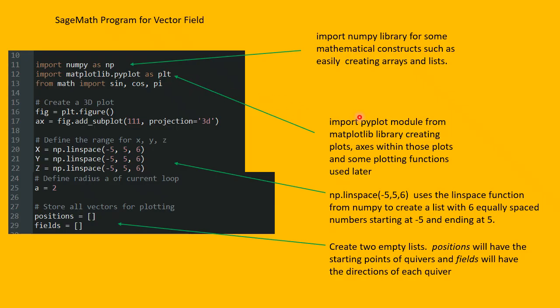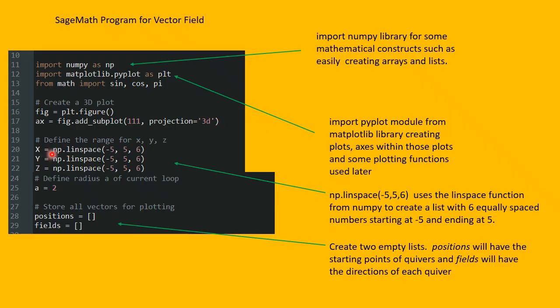It imports the pyplot module from the matplotlib library, which will help us to create plots and axes within those plots and some other plotting functions which can alter these plots. And we'll see those used later, but not quite in this little bit of code here.